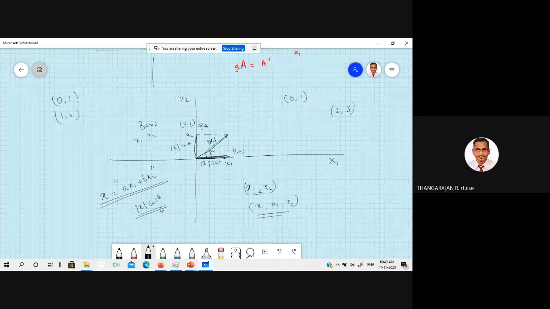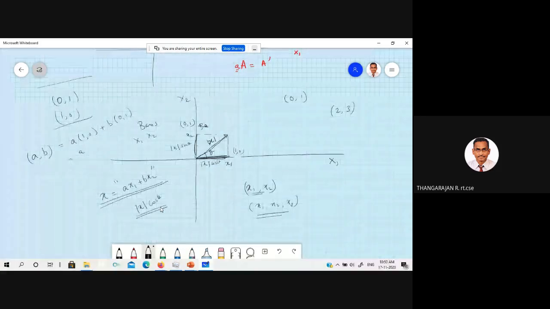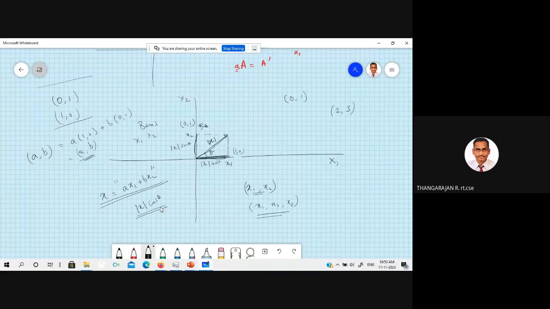Now I can represent any vector as a linear combination of these two axes. For example, a comma b is a vector, which I can write as a into 1, 0 plus b into 0, 1. A into 1, 0 gives a, and b into 0, 1 gives b. So you get a comma b.